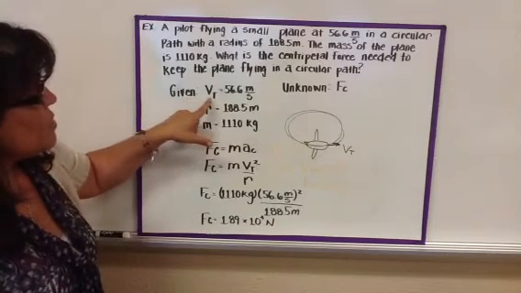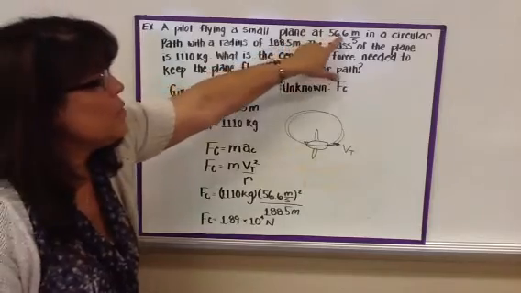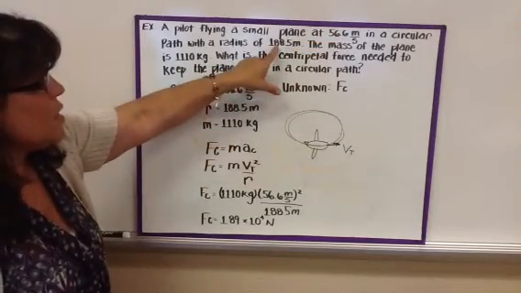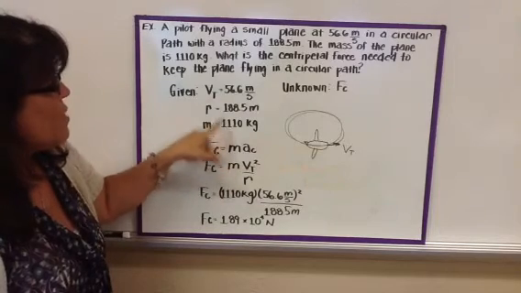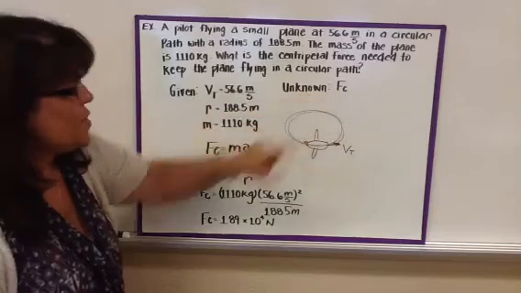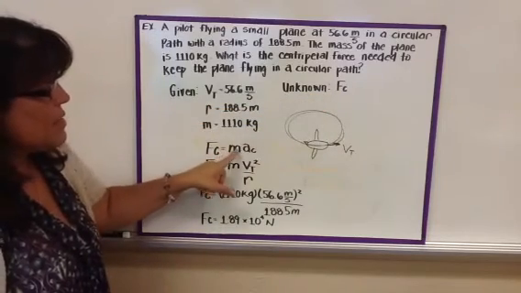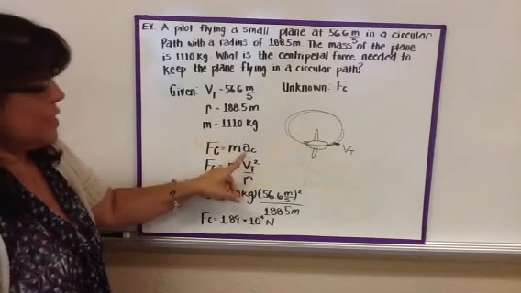So our given is our tangential velocity of 56.6 meters per second, and that's given right here. The radius is 188.5 meters, and the mass of the plane is 1,110 kilograms. We're looking for FC. Well, we know FC is mass times acceleration. The acceleration is the centripetal acceleration.